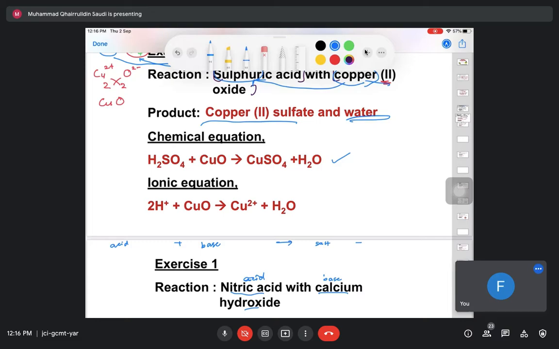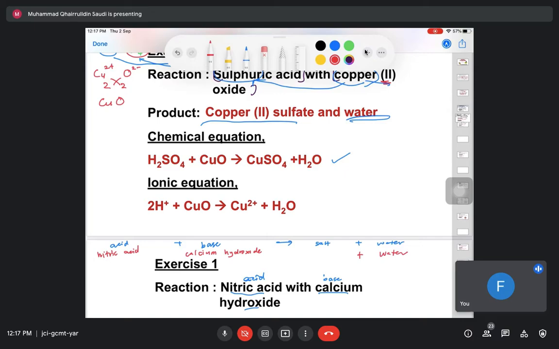Okay, good. Salt and water. Now we have to identify the name. So the acid tadi, name dia adalah nitric acid. Base adalah calcium hydroxide. Water lah. Okay, what is the name of the salt?